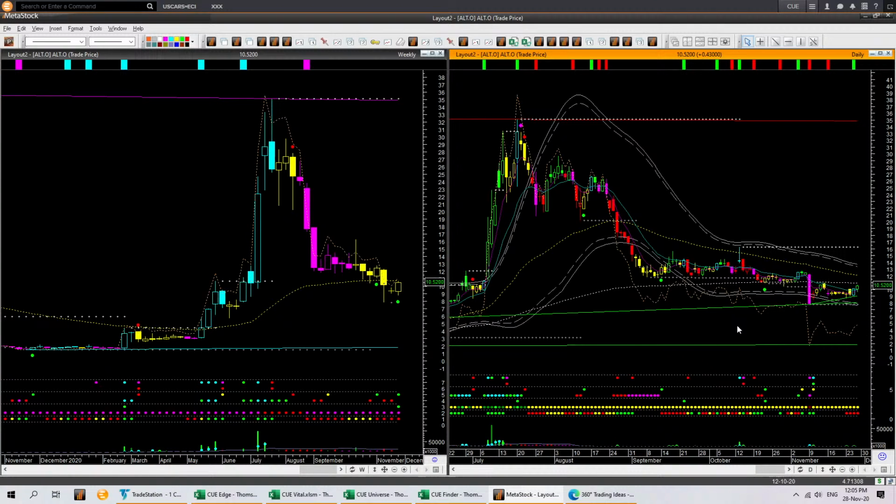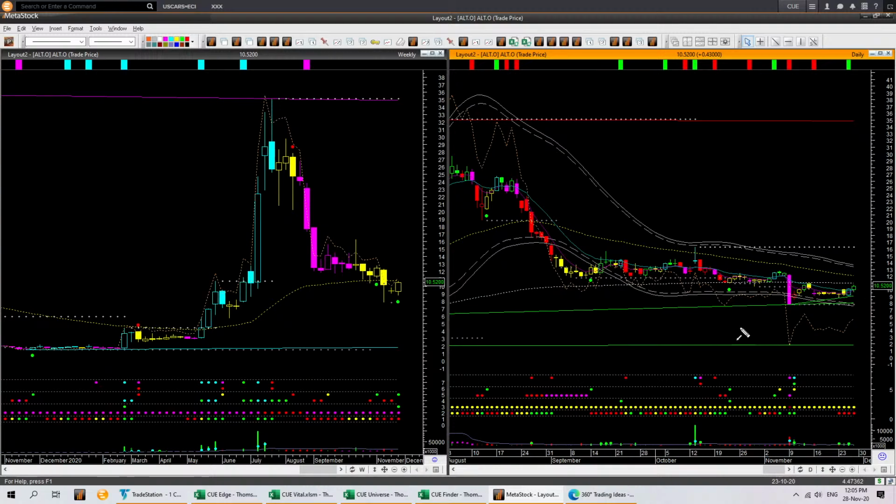What about the daily? Daily has trend line support, two of them. One day ago, it had a bullish flow candle. If we look back, there was a huge price drop on this day associated with heavy bearish pressure.